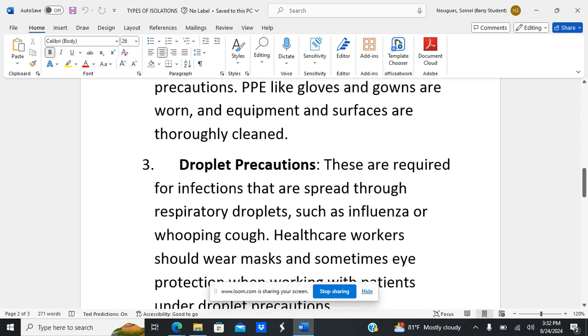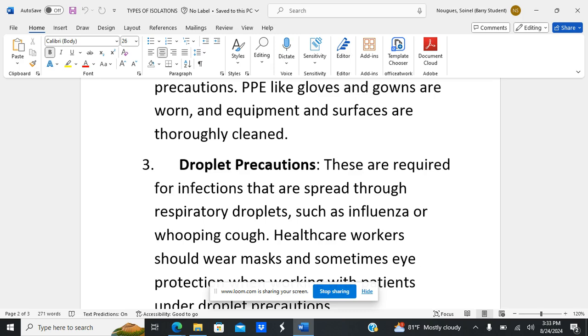All right, the third one is droplet precaution. They usually ask this question in the NCLEX test. Droplet precaution, as the name sounds, droplet: the patient can cough and then you get infected because you are close to the patient. We call it droplet precaution.